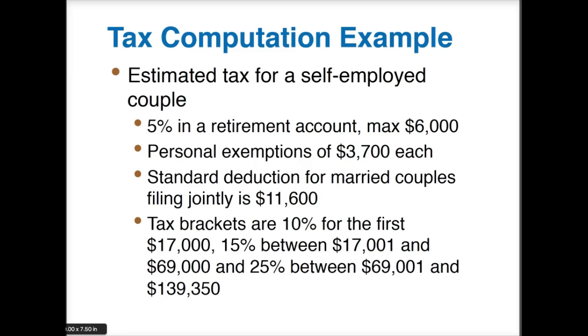We know that the 10% tax bracket falls on everyone making from $0 to $17,000. The 15% tax bracket is for everyone who makes $17,001 to $69,000 a year, and then the 25% tax bracket will be from $69,001 to $139,350. So this is the information that we have.